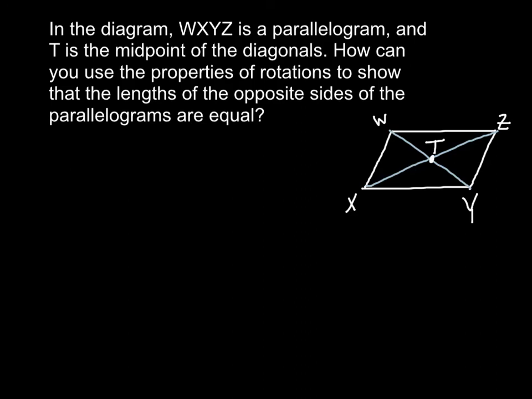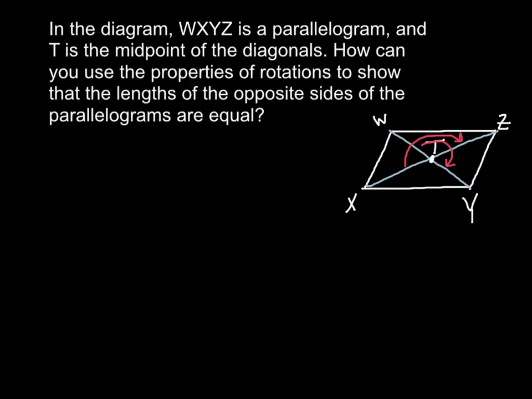How can you use the properties of rotation to show that the lengths of the opposite sides of the parallelogram are equal? Now in the diagram, it's going to show you this side becomes this side, and this side becomes that.